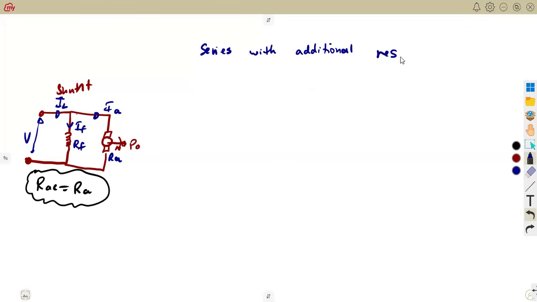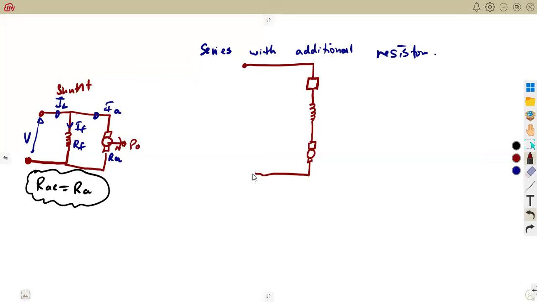Remember your connections in series, that is the series field, but it is going to have an additional resistor. So you put the additional resistor, then you're going to have your series to the armature.